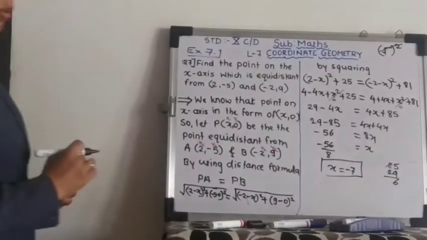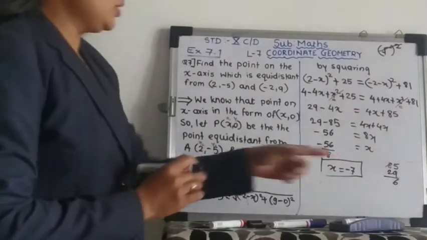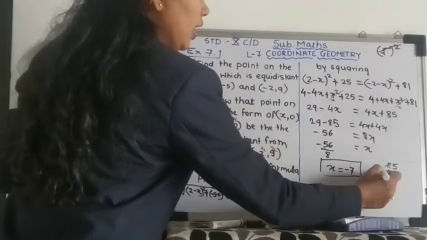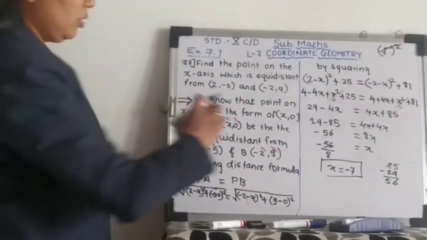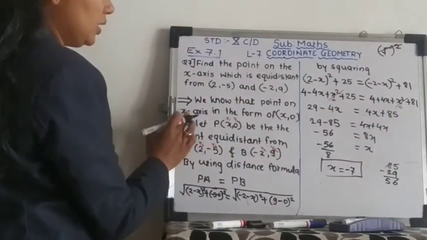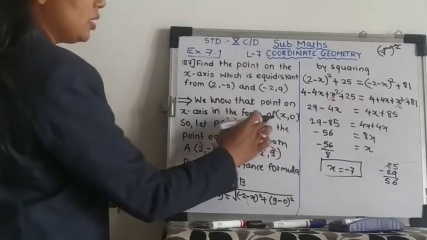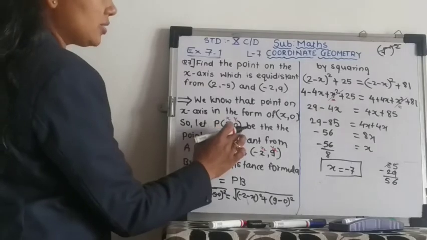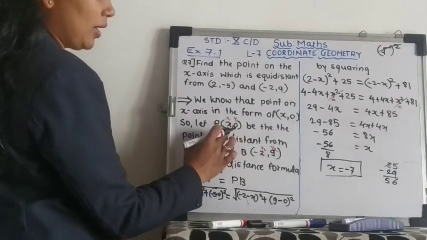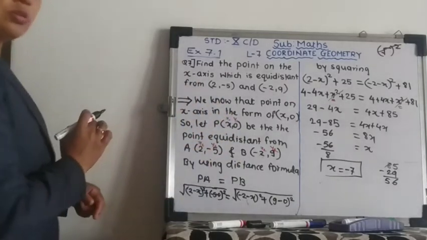So we got only one coordinate, minus 7. P is lying on the x-axis and these points are also lying on the x-axis, so P is in the form of (x, 0). One we got is minus 7 and the other is 0 only.